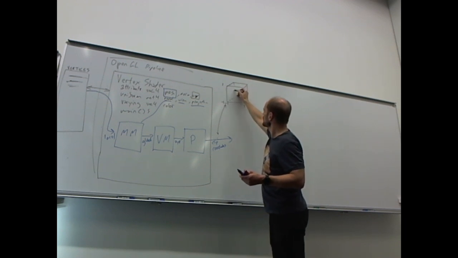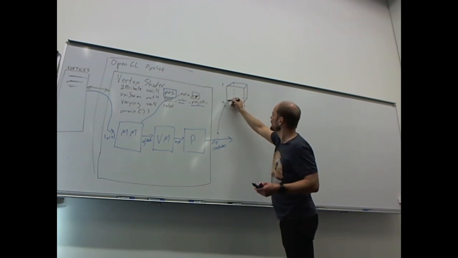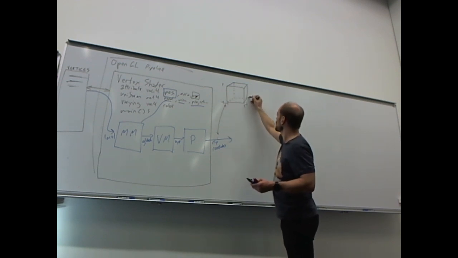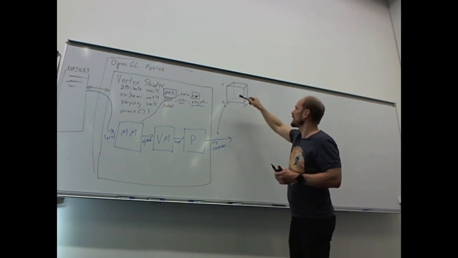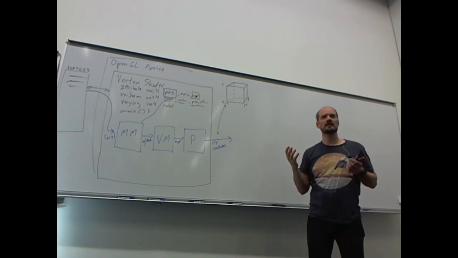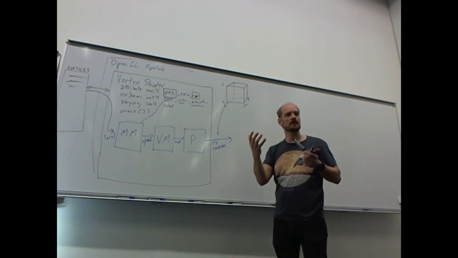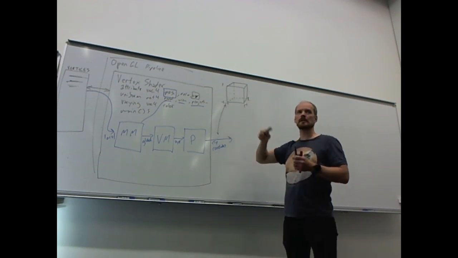From -1 to 1, this dimension as well. So everything that's within this box will in the end be rendered to our screen, as long as it's not behind something or some other tests fail. In general, everything that's outside this box will be clipped away.